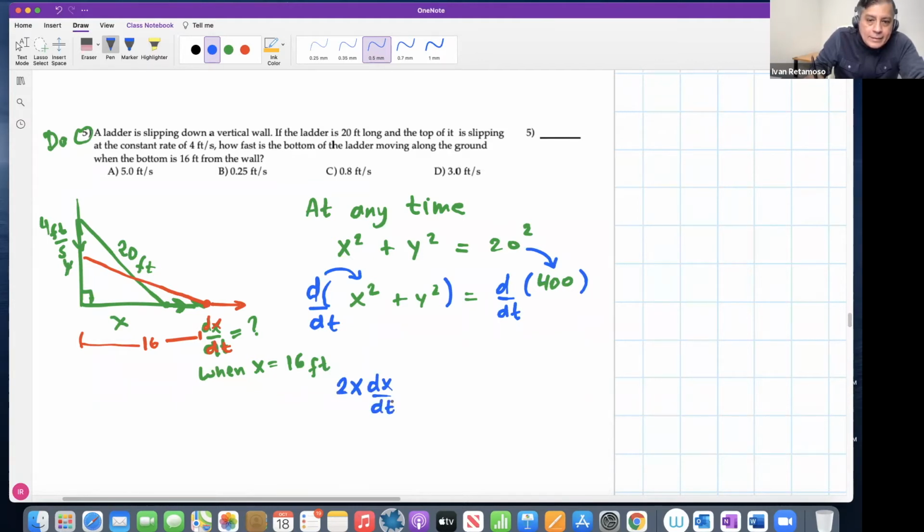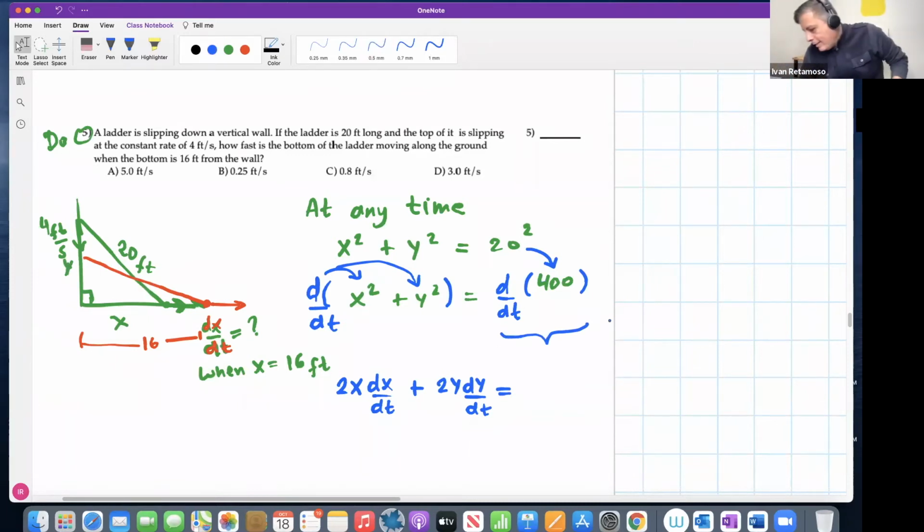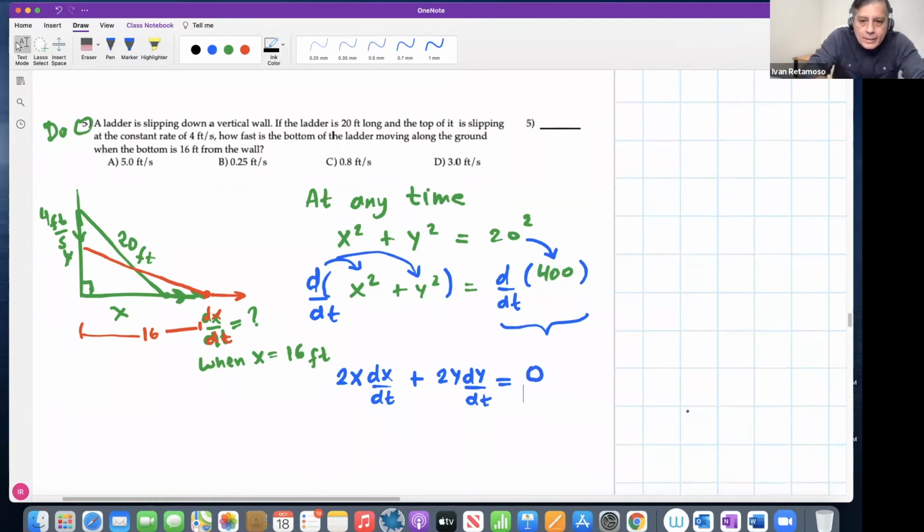Remember, you have to attach this because we're taking the derivative with respect to time, plus the derivative of y squared, 2y, but then we attach dy/dt. And what's the derivative of 400, the length of the ladder? Anybody could tell us? 0, right? Because the length of the ladder doesn't change over time. No change, no derivative, 0.